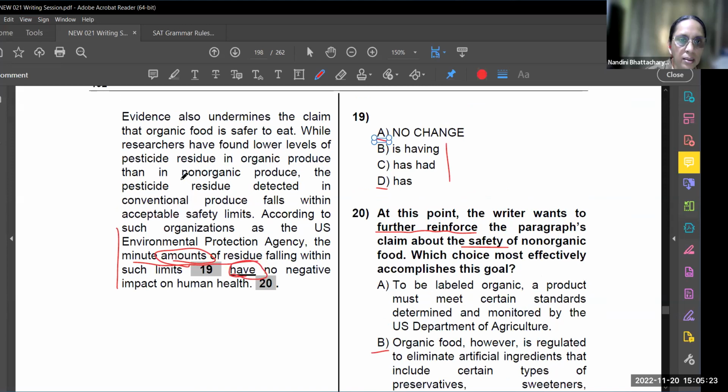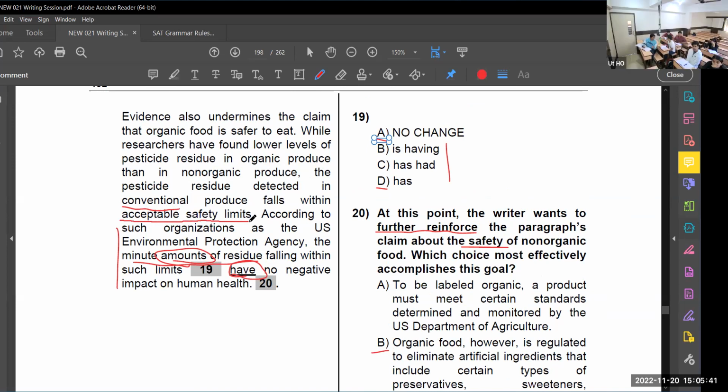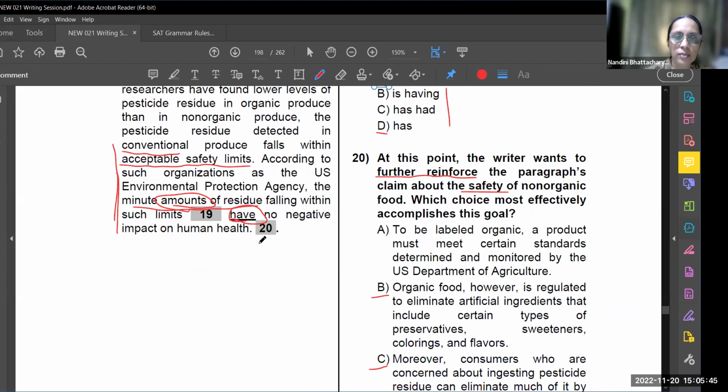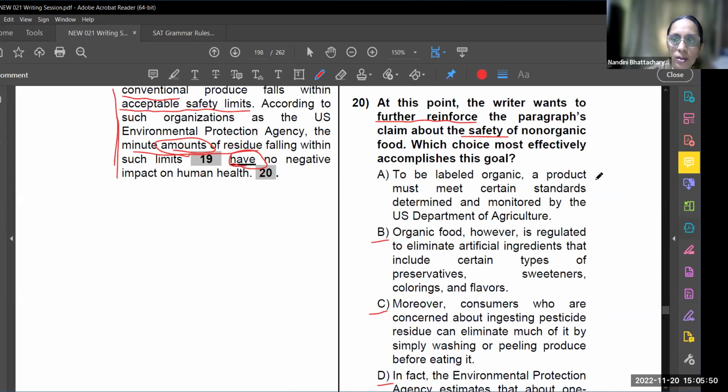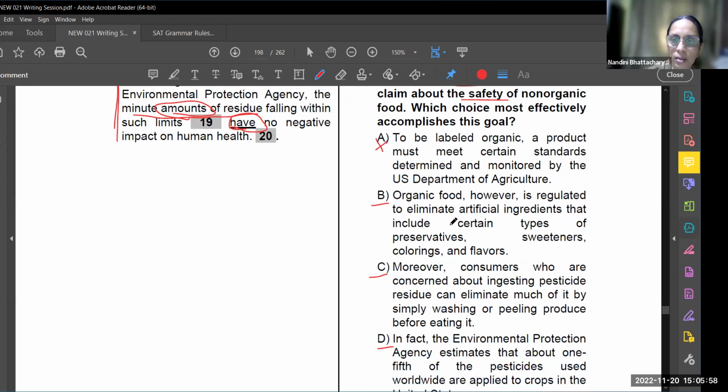And the earlier sentence was talking about while researchers have found lower levels of pesticide residues in organic produce than non-organic produce, the pesticide residue detected in conventional produce falls within acceptable safety limits. Right? So this is what should be supported in the sentence that we want to add over here. Now, A says to be labeled organic, a product must meet certain standards. That is not talking about what the paragraph is about.